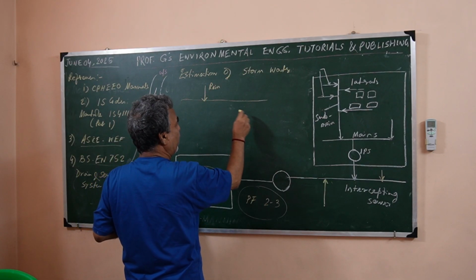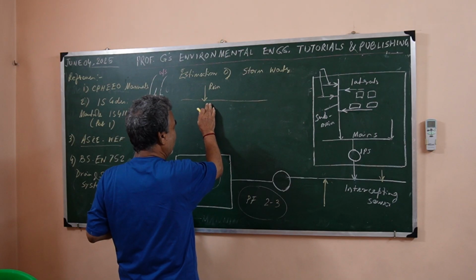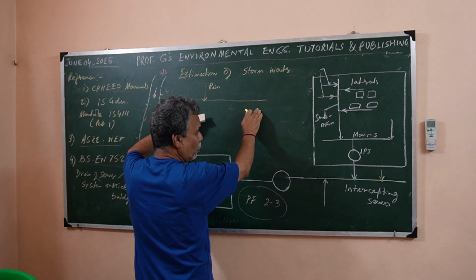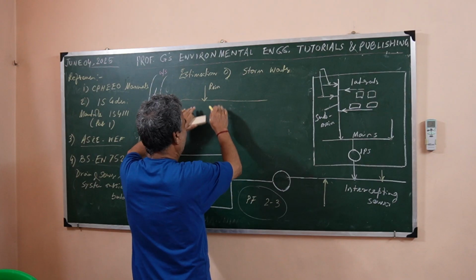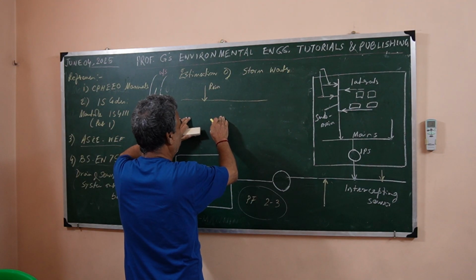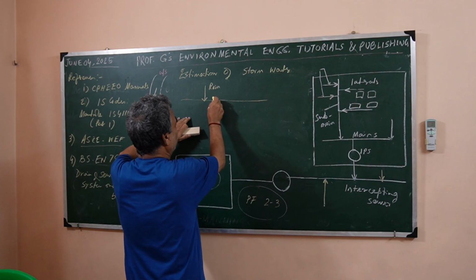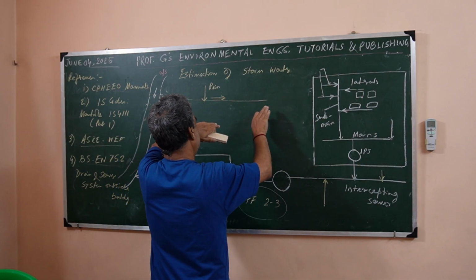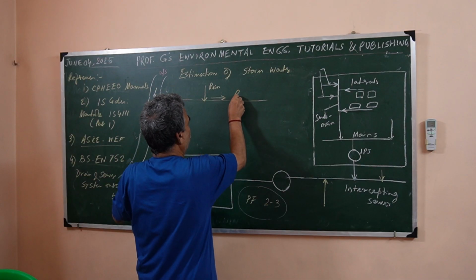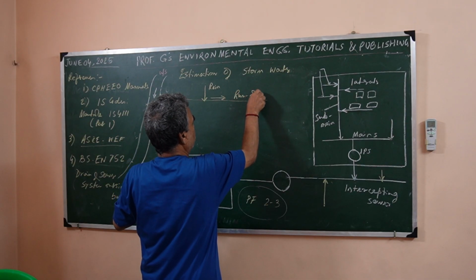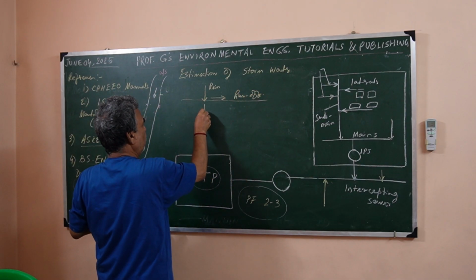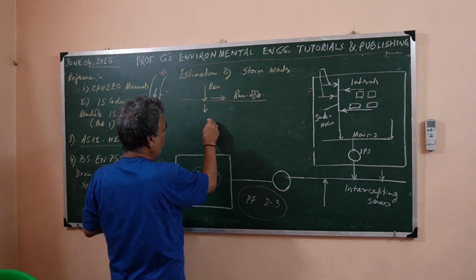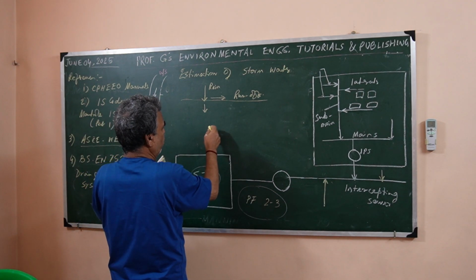So depending on the characteristics of the ground or the land where the rain is falling, part of that will be discharging, coming as runoff, while the remaining part will be percolating through the ground.